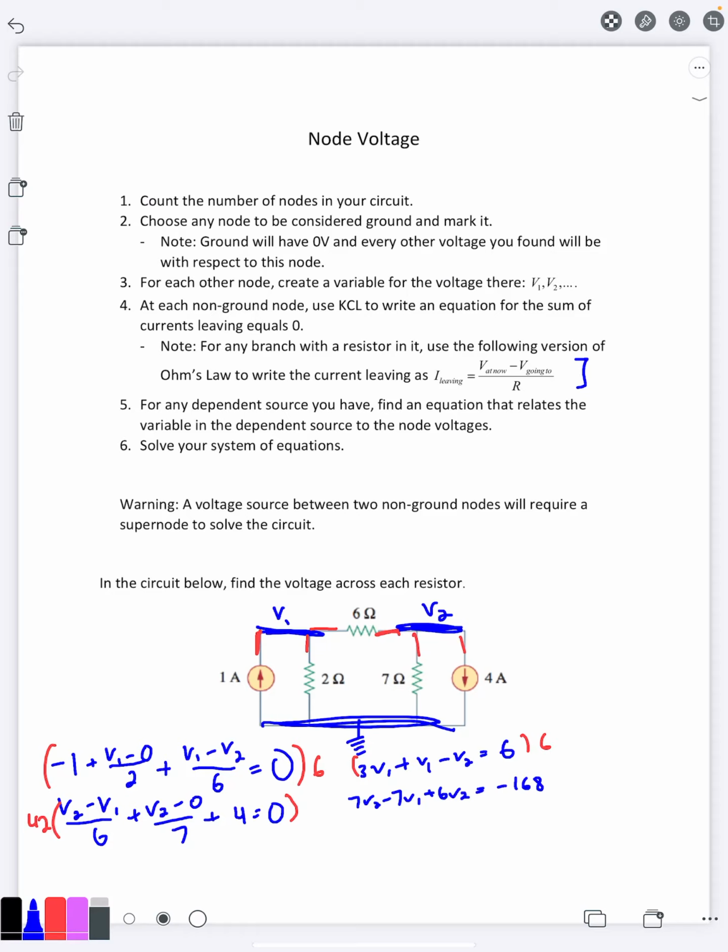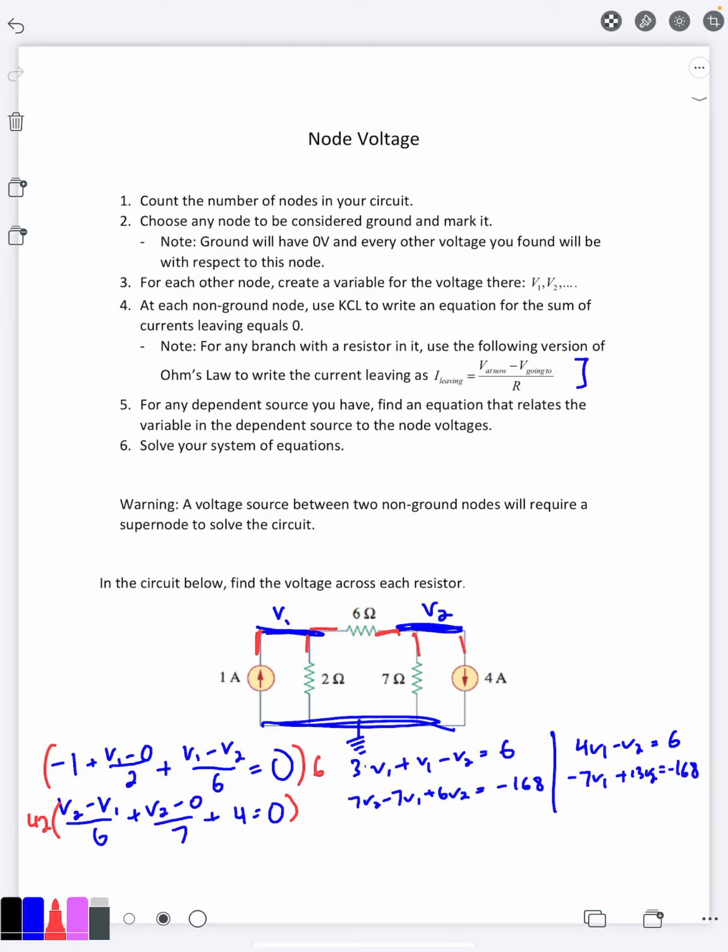Sorry, that's actually not going to quite work. One moment here. Maybe I'll just simplify this a little bit nicer before I decide what to do. So on top here I have 4V1 minus V2 is 6. On the bottom, negative 7V1 plus 13V2 is negative 168.